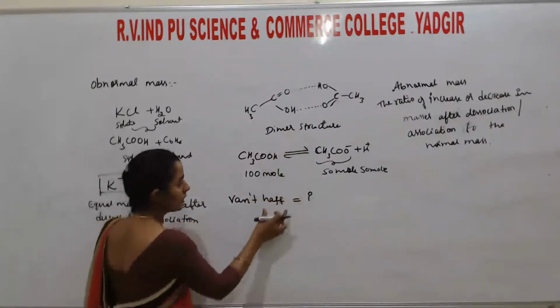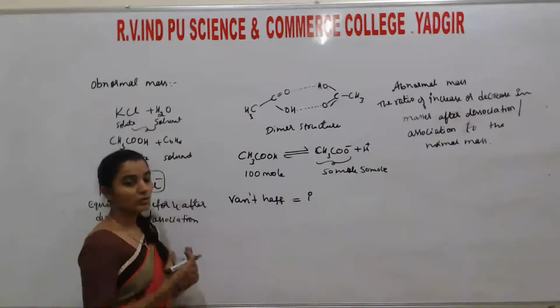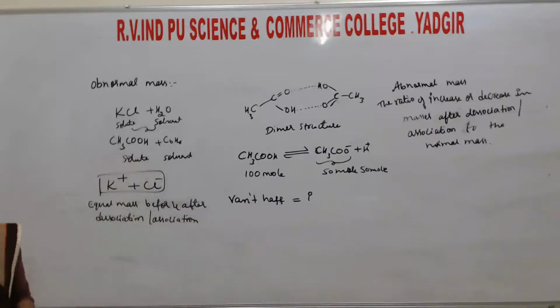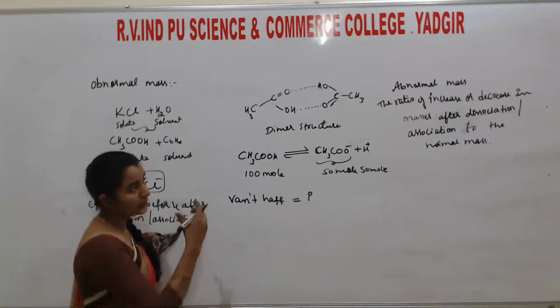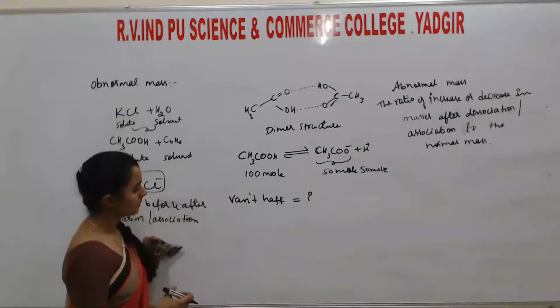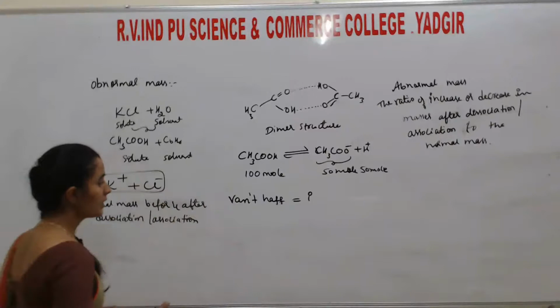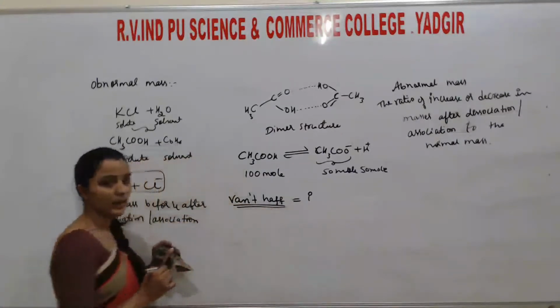Here it decreases due to the formation of the dimer. So the masses of the solute particles after dissociation or association give the Van't Hoff factor. It is called so because it was determined by the scientist Van't Hoff.